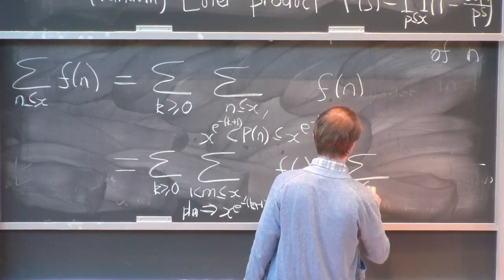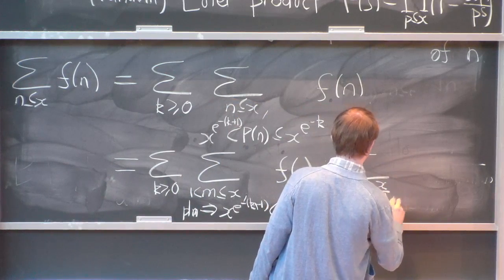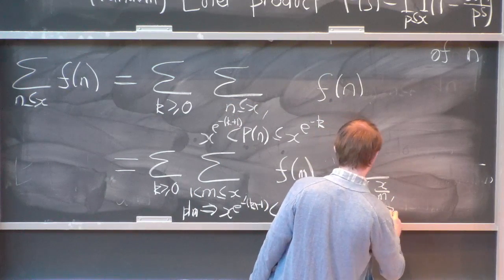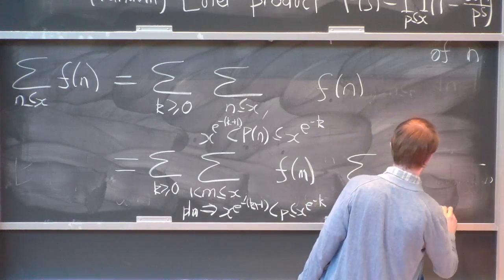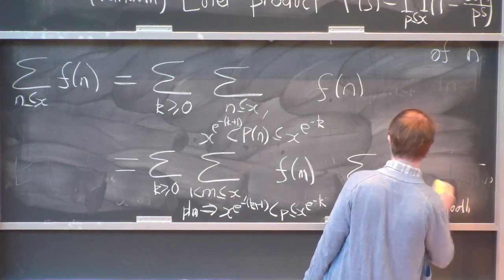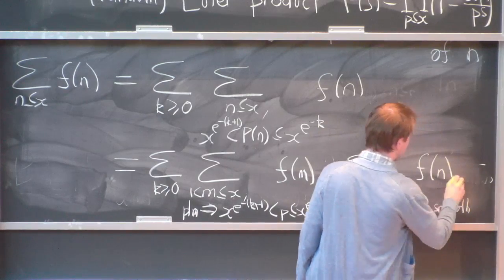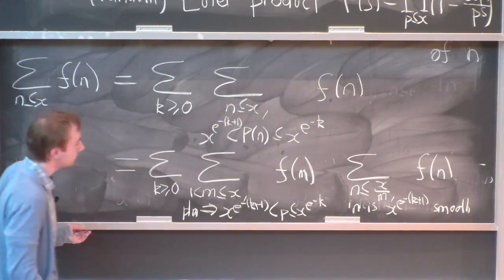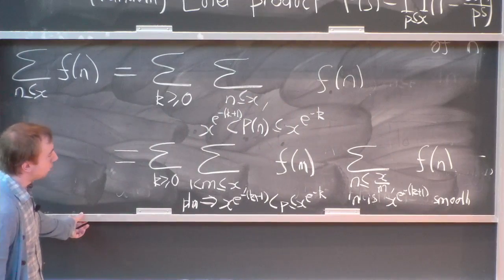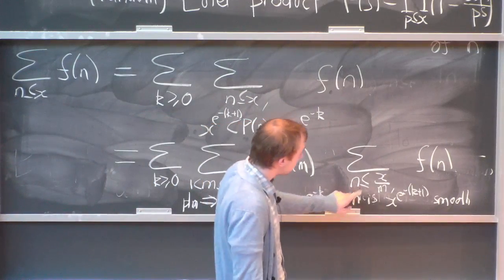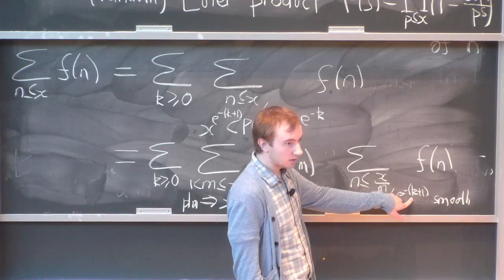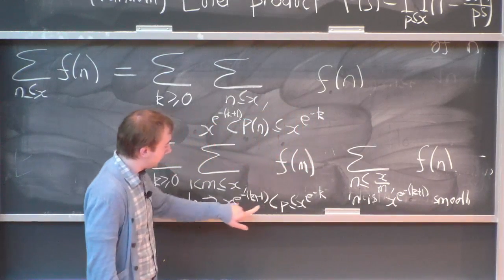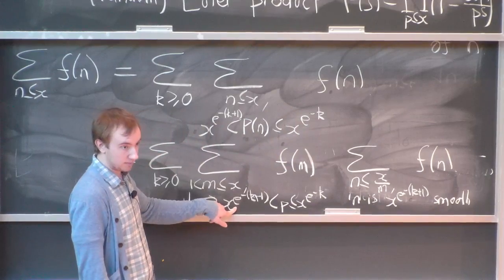So the sum over n less than x over m, n is x e to the minus k plus 1 smooth, f of n. And the important thing to note here is that in this sum, we only have prime factors up to x e to the minus k plus 1. And in this sum, we only have prime factors that are bigger than x e to the minus k plus 1.